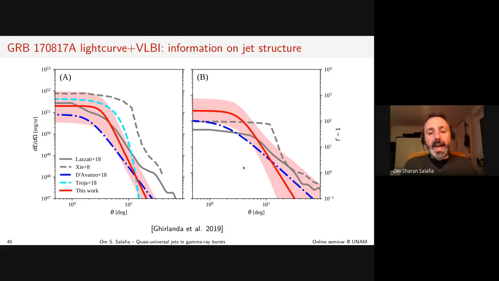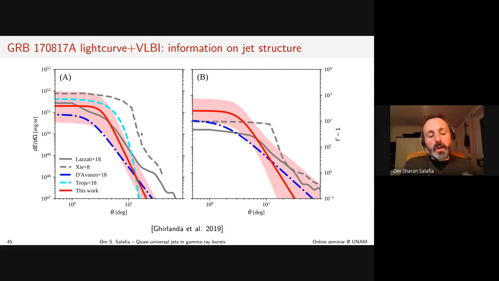And in this slide, you see the distribution of energy and also Lorentz factor in the jet of GRB 170817A, so the jet associated to GW170817, as obtained in a paper by Giancarlo Ghirlanda, myself, and collaborators, 2019, where we also constrained the structure by using information from the VLBI centroid motion.